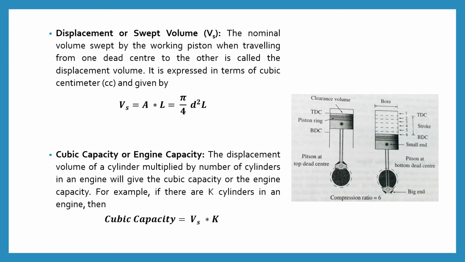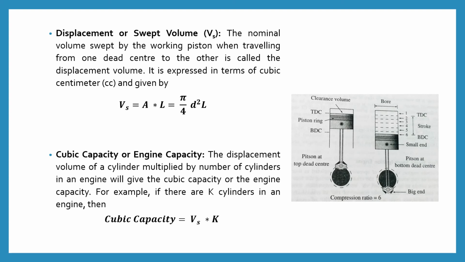The equation is Vs equals A into L, where A is the area of the piston and L is the stroke length. A is given by pi by 4 d square, so Vs equals pi by 4 d square into L, where d is the bore diameter and L is the stroke length. So this is the equation to find out the swept volume.